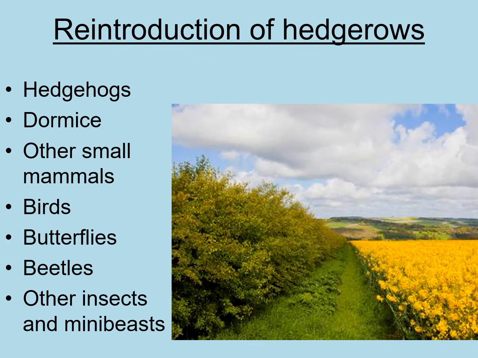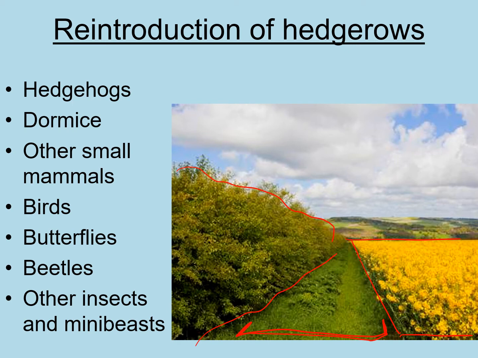So I've shown you this image in a previous lesson, and what we've got here is a field of oilseed rape, which is where you get vegetable oil from. This section here is a margin, and here you can see the hedgerow.